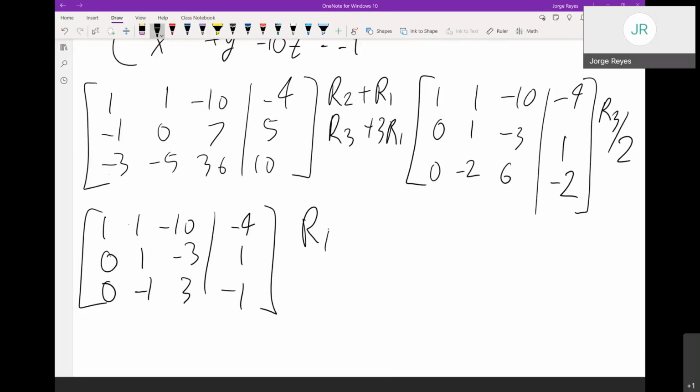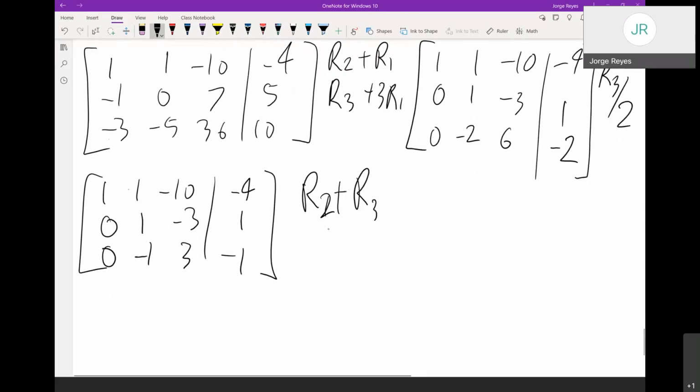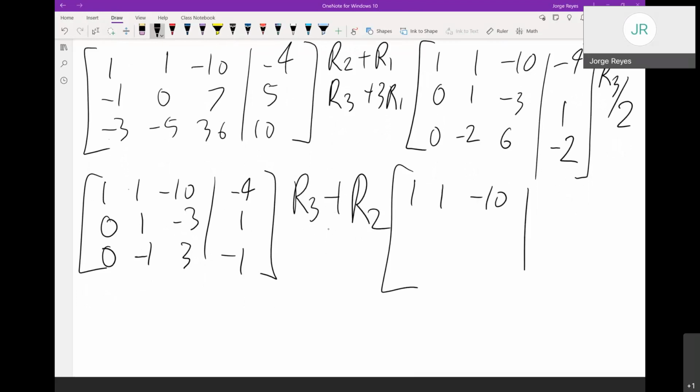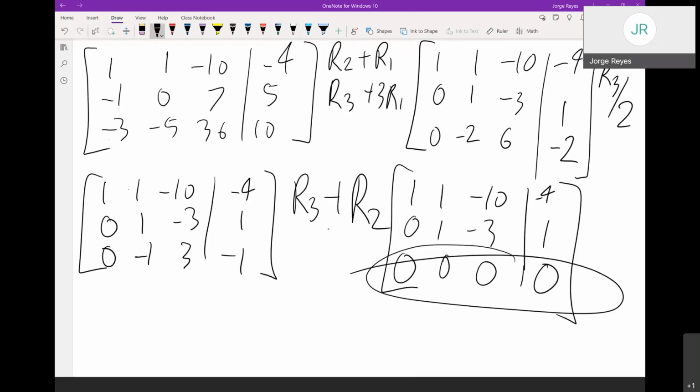And then by now you should see the fishy thing. I'm going to add row 2 and row 3. So 0, 0, 0, but actually this one also 0. So the whole thing zeroes out.